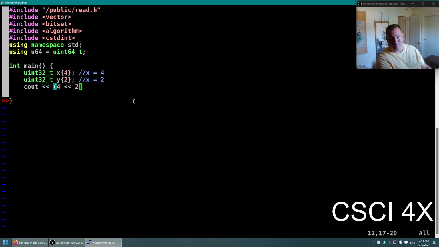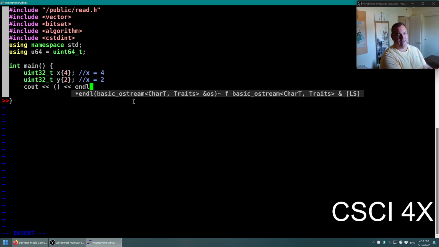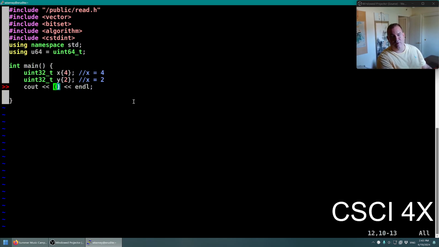If you don't put parentheses around it, it's just going to print 42, right? And so if you want to actually print out 4 left shifted twice, it takes all the bits in 4 and moves them left twice. Good luck trying to do it without the parentheses. It's just going to print 42. Okay. So anytime you print out anything and you're using bitwise operators, always use parentheses.